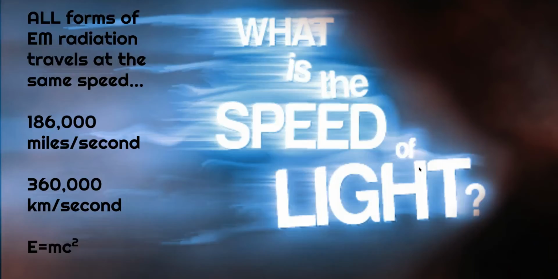Radio waves will travel just as fast as gamma rays, and ultraviolet rays will travel just as fast as visible light rays, and that is 186,000 miles per second, or 300,000 kilometers every second. And Einstein's famous equation, E equals mc squared, the c is the constant speed of light. So energy equals mass times the speed of light squared.